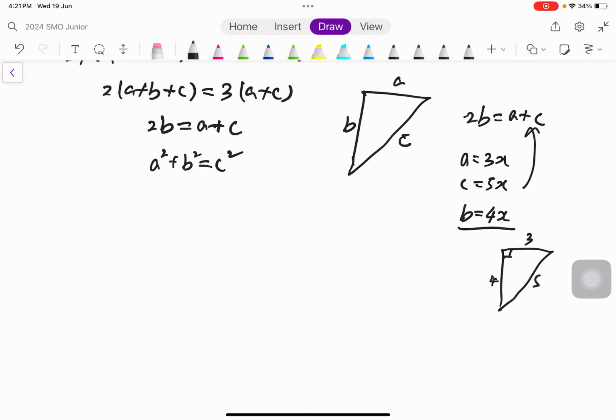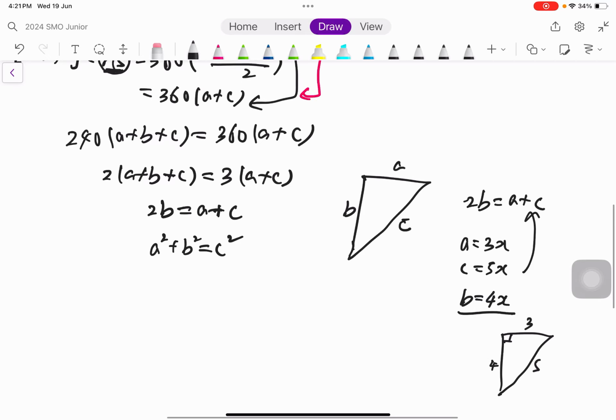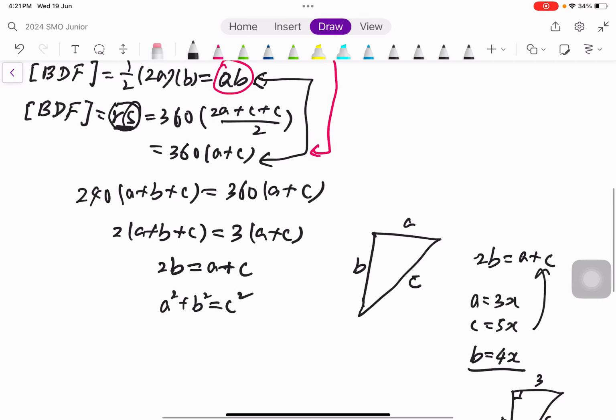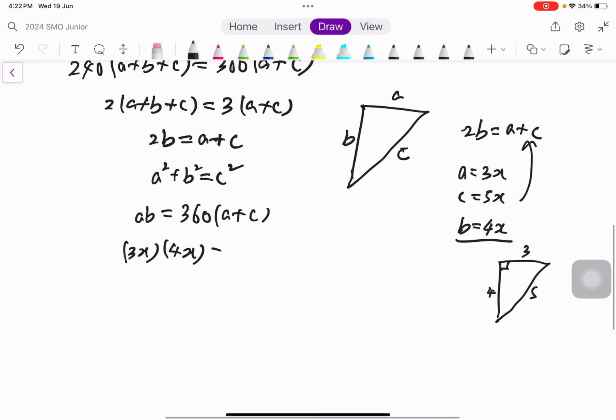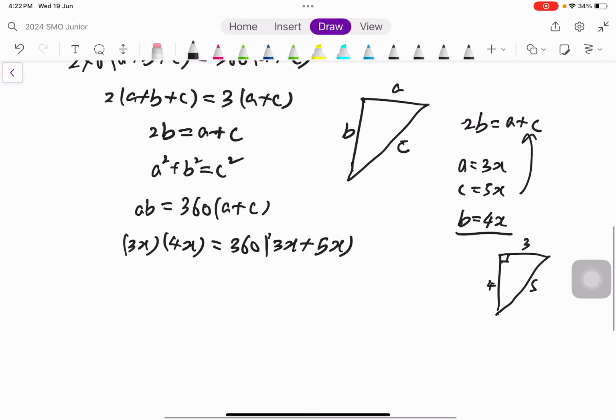Okay. Therefore, can you see that? Now I go back to this equation. AB is 360 times A plus C. All right. And what is A? A is 3x, right? And then B is 4x. And then this is 360. And then this will be 3x plus 5x, right?